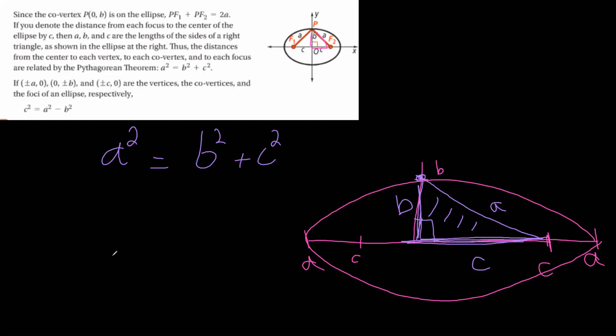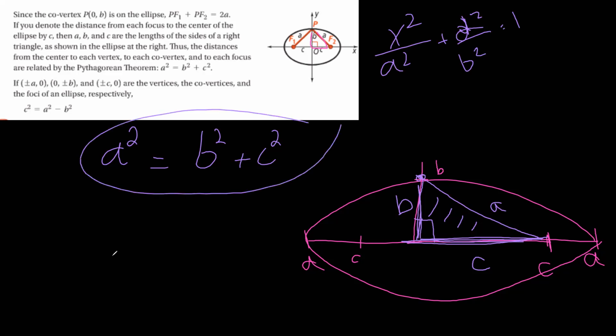So I need C. Here, the thing I want to do is, all of us know that in the equation, we have x squared over A squared plus y squared over B squared equal 1. So from this equation, I know A and B. But how can I know C? I will use this formula.